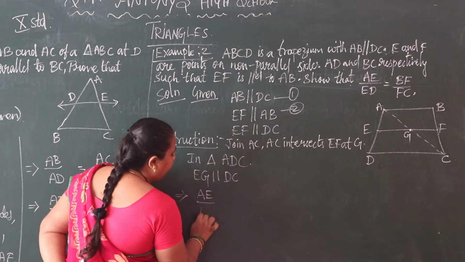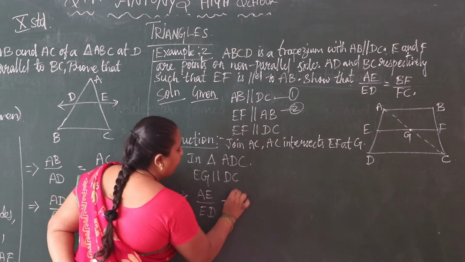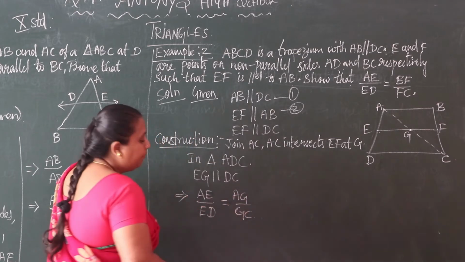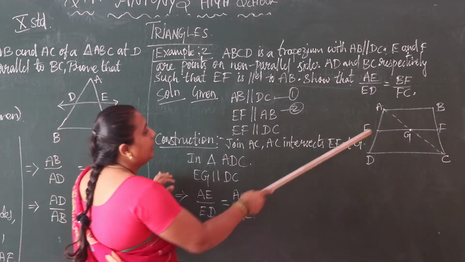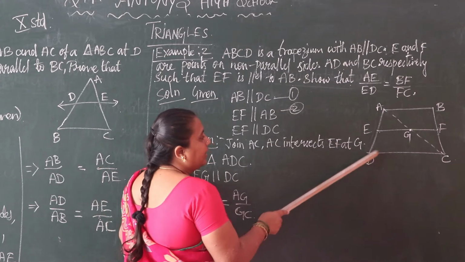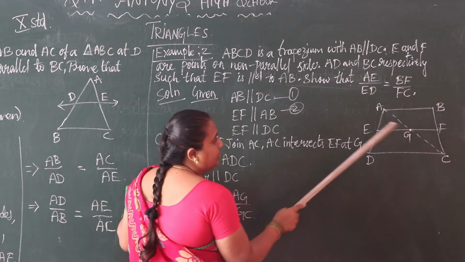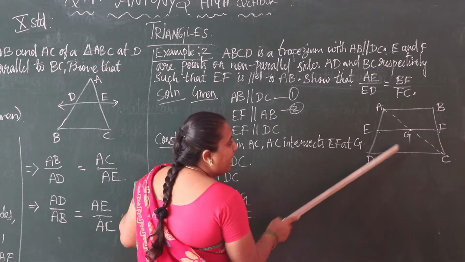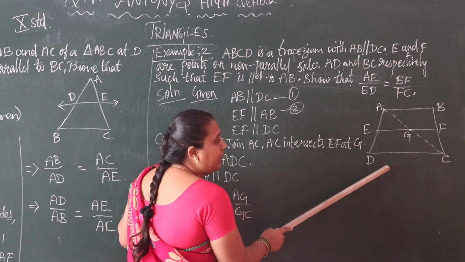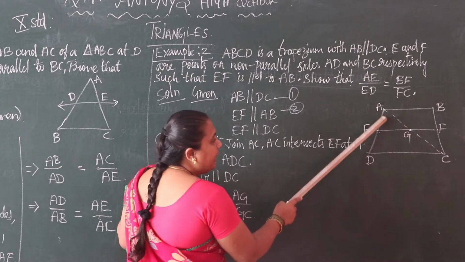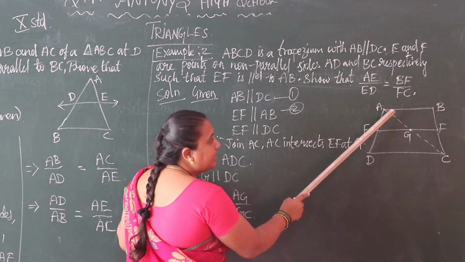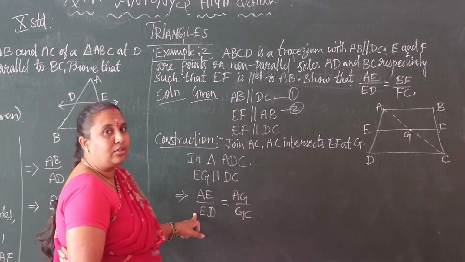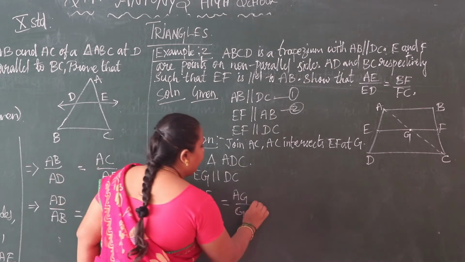AE by ED equals AG by GC by BPT, because EG is parallel to DC. Understood? So this is equation number 1.